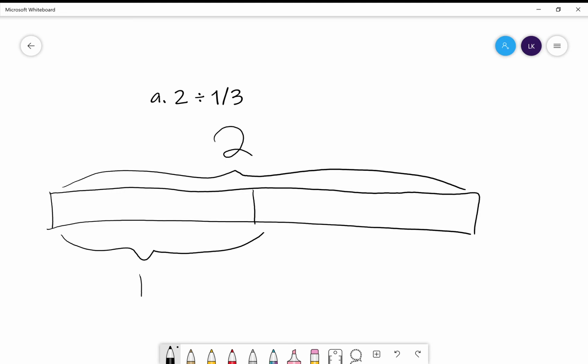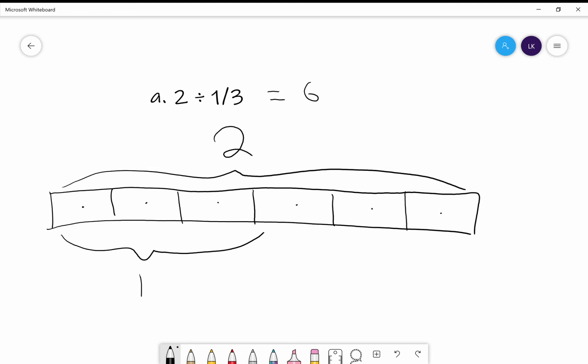Now I'm going to break my wholes into thirds, which gives me a total of 1, 2, 3, 4, 5, 6. 6 parts total. So 2 divided by 1/3 is equal to 6.